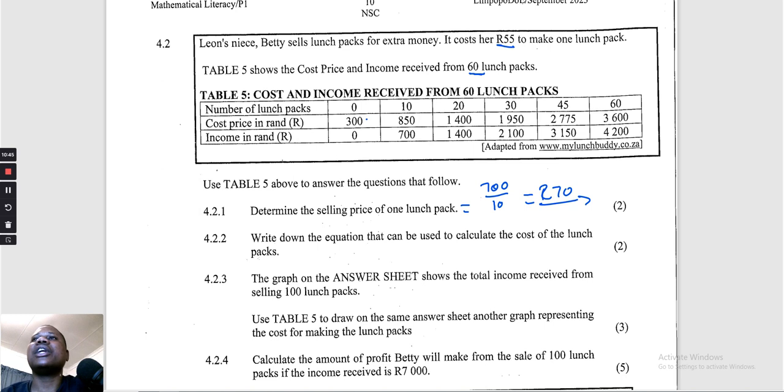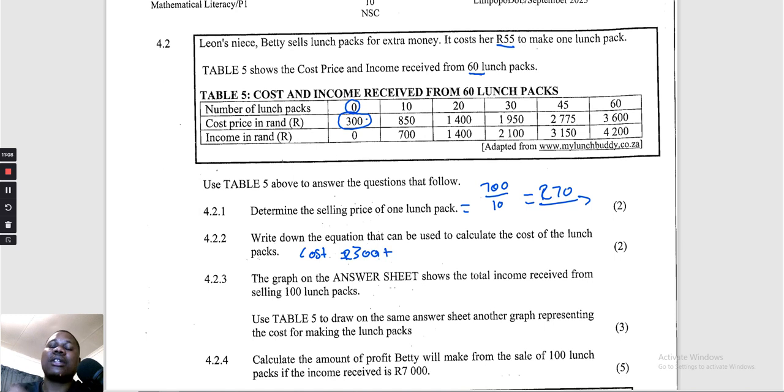Write down the equation that can be used to calculate the cost of the lunch pack. Okay, the cost, how can we calculate the cost? Look at this, 300. Even if the number of lunch packs is 0, you're still going to pay 300. So this 300 is there as a fixed cost.